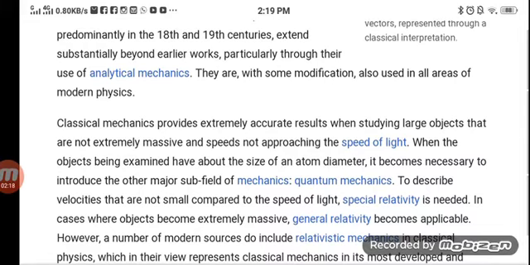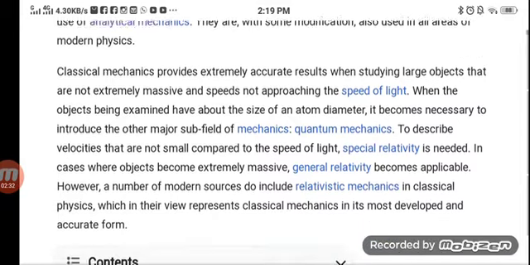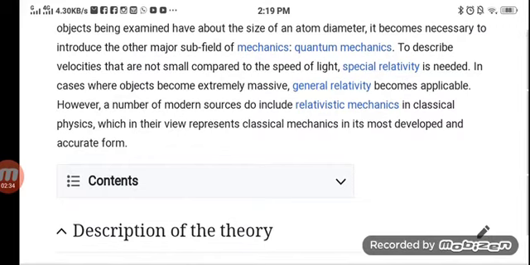To describe velocities that are not small compared to the speed of light, special relativity is needed. In cases where objects become extremely massive, general relativity becomes applicable. However, a number of modern sources include relativistic mechanics in classical physics, which in their view represents classical mechanics in its most developed and accurate form.